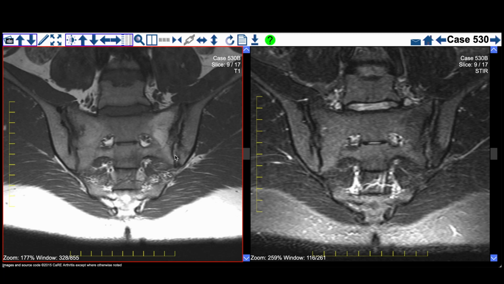We also see bright fat signal in the joint cavity. And in fact, the bright signal, the fluid signal in the joint cavity has also subsided. And we're seeing fat signal in the joint cavity.